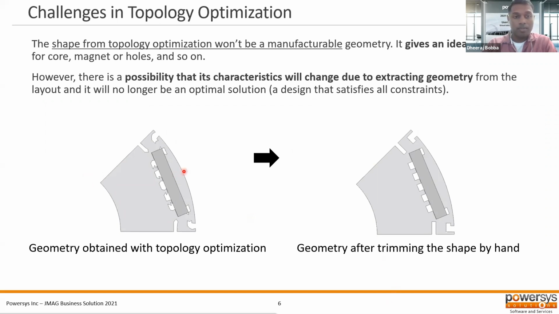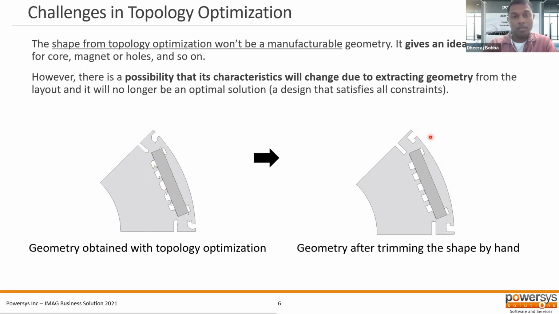For example, this design here is a result obtained from topology optimization. And we can see that there are small protrusions there that aren't really manufacturable. So we have to go in and trim the geometry a little bit after the optimum design is found, and we have to make sure it is manufacturable.